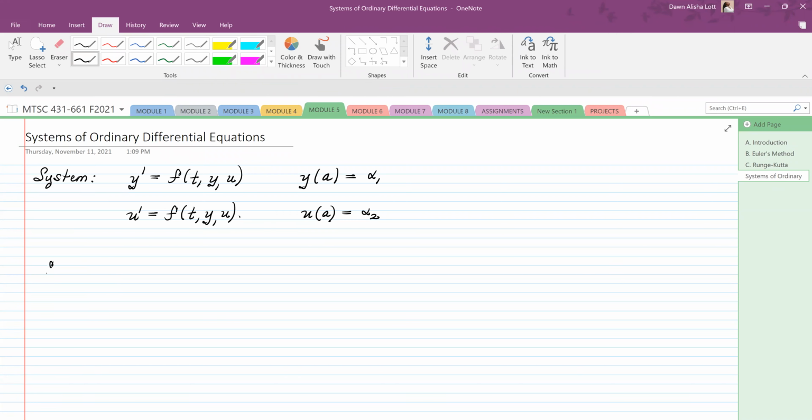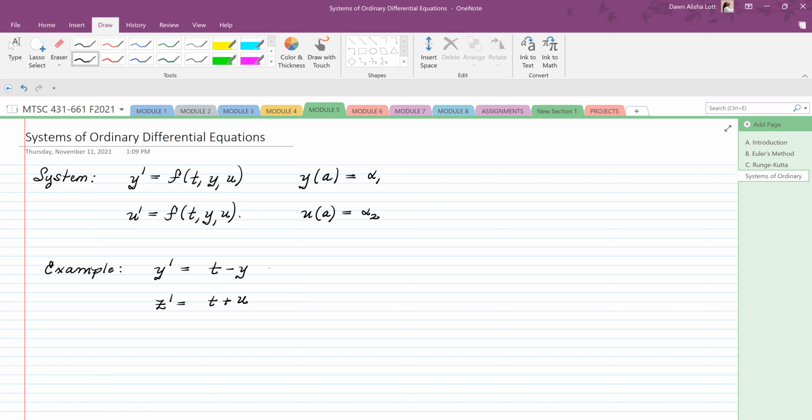So this could be an example. Y prime can equal t times the sine of, I'll make it even easier, u plus t, and then u prime, I'll make this u minus t, and make this t minus y, t plus u. I don't know how I went to z, guys.